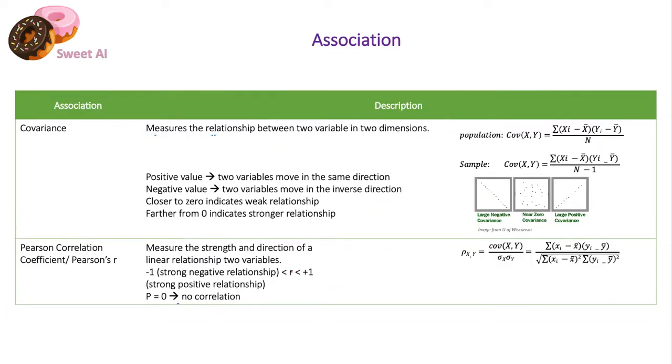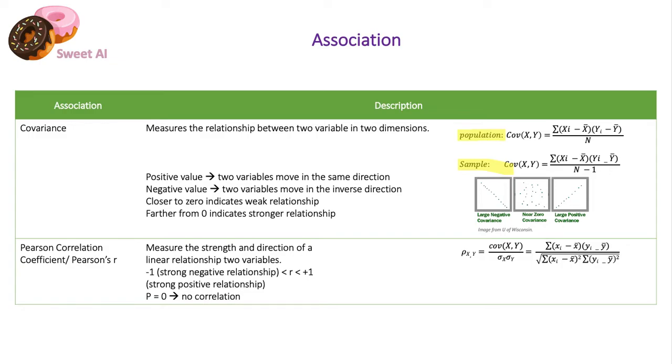Now let's talk about association. If we have two variables and we want to know the relationship between them, we use association. For a population, the covariance formula is this, and the covariance for a sample is this formula.